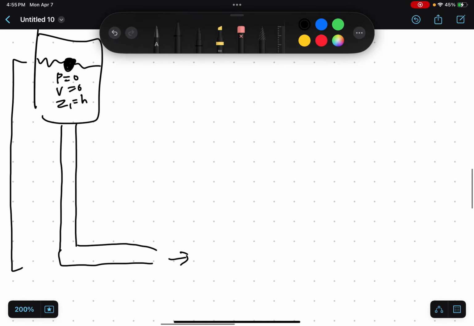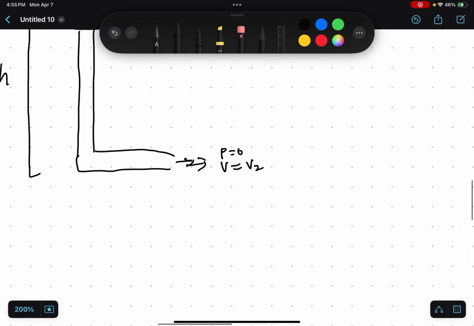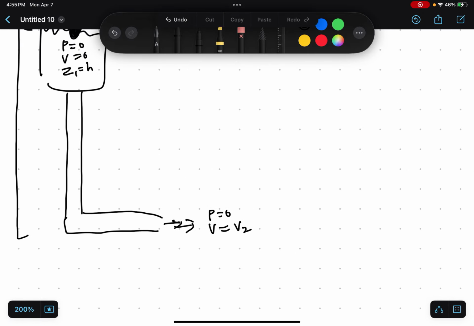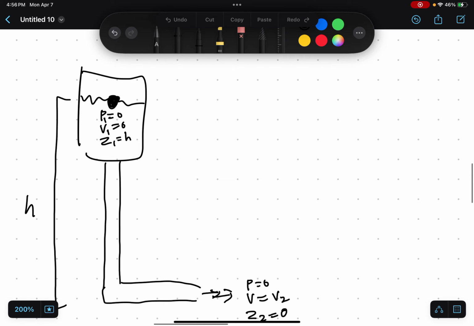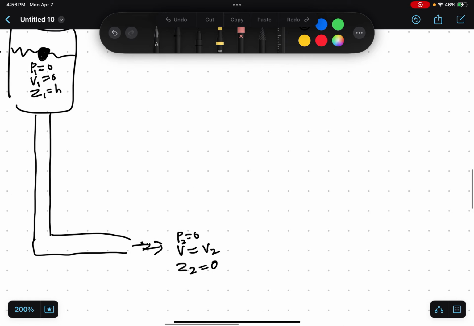And then when it shoots out here, it also doesn't have a P, or pressure, because right along this edge, it's at atmospheric pressure. Even when it's shooting out here, it's at atmospheric pressure, same as up here. So pressure equals 0. Velocity now equals some velocity. I'll call it V2, which is what it's called up there. And it doesn't have relative height. Z2 equals 0.